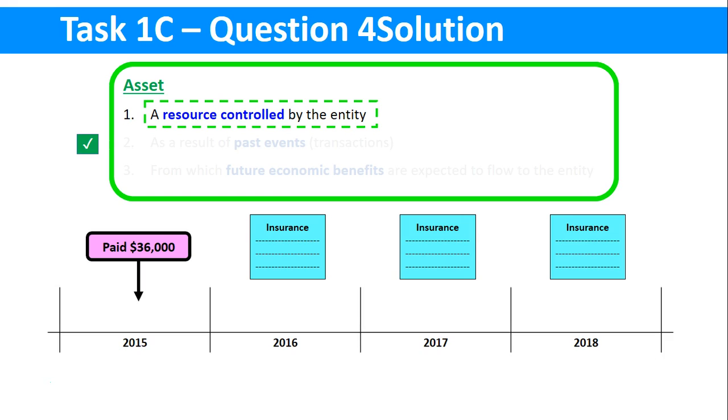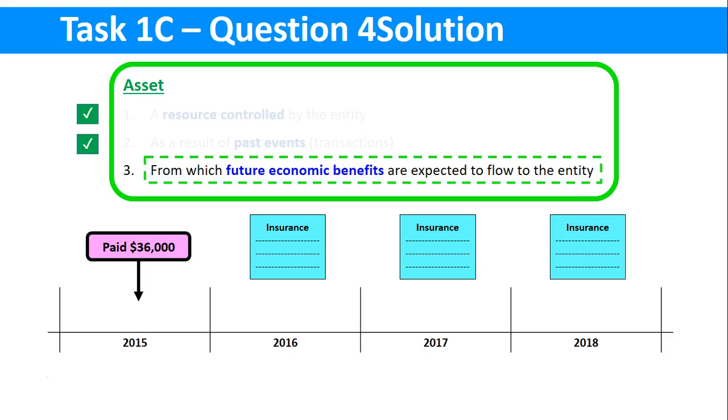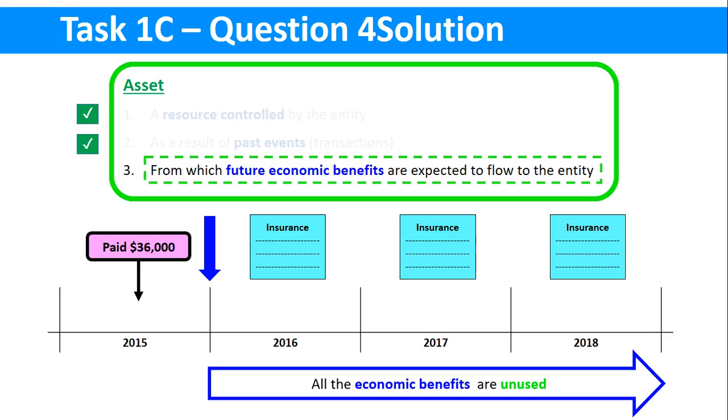The insurance company can't reject us on that. They have to cover us for our insurance policy. We have a legal entitlement that we can control, so that definition is also met. And lastly, will there be an economic benefit in the future? There will be. The business is covered for insurance in the next 3 years, and all of those economic benefits are in the future. So that will be our last part of the definition.